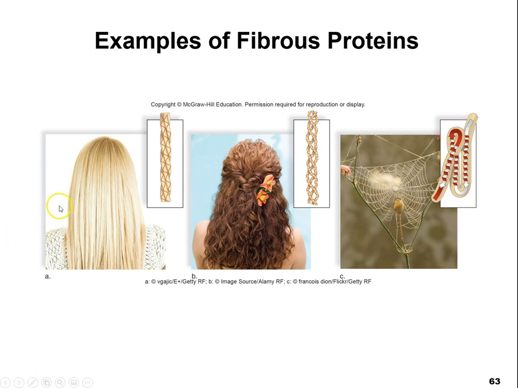So the point is, the difference between these three pictures is differences in structure. It's the same protein, and we're focusing on keratin here, but you can have differences in the consistency of the hair based on the secondary structure of keratin.